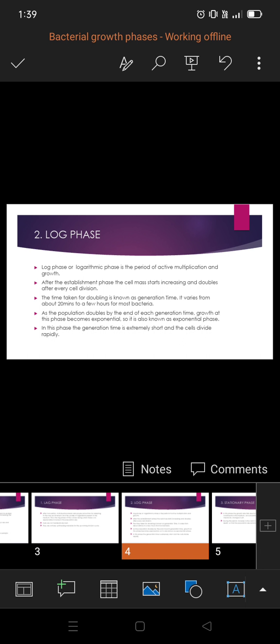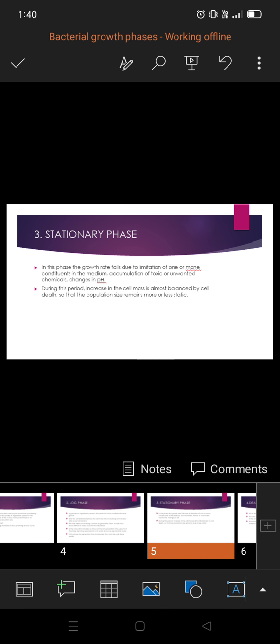It varies from about 20 minutes to a few hours for most bacteria. As the population doubles by the end of each generation time, growth at this phase becomes exponential. Hence, the phase is also known as exponential phase. During the log phase, the generation time is extremely short and the cells divide rapidly.